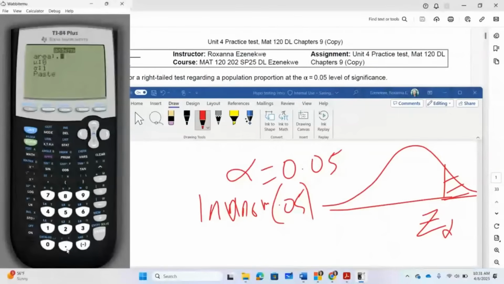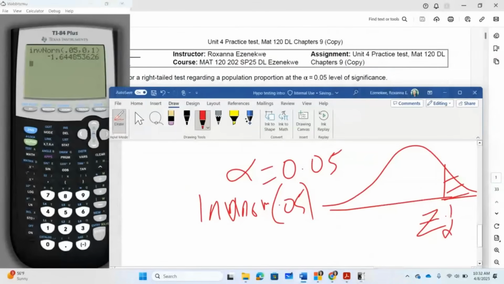So when I get this value, I have to change the sign. So it is 1.64 to 2 decimal places. 1.64 is the critical value.